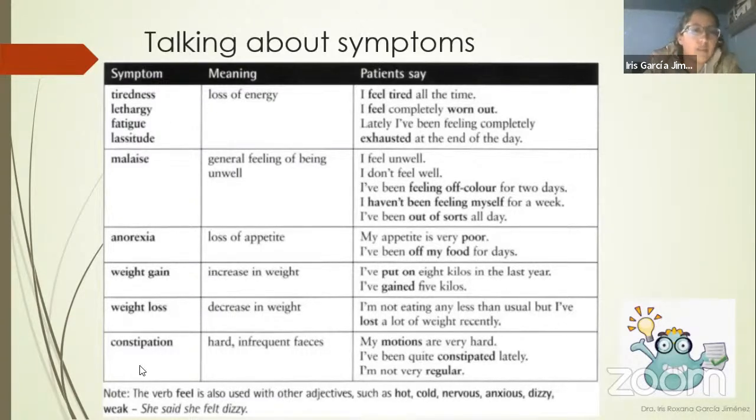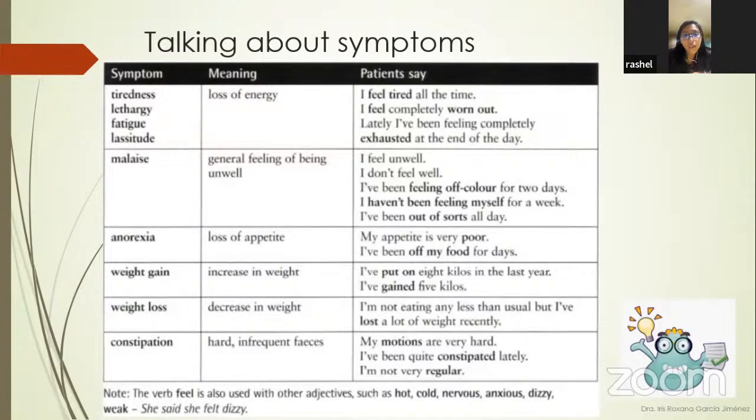Anorexia, weight gain, weight loss, and constipation. Of course, anorexia, meaning loss of appetite. Patients say, my appetite is very poor, or I have been off my food for days. Weight gain, and the meaning is increase in weight. The patient says, I have put on 8 kilos in the last year, and I have gained 5 kilos.